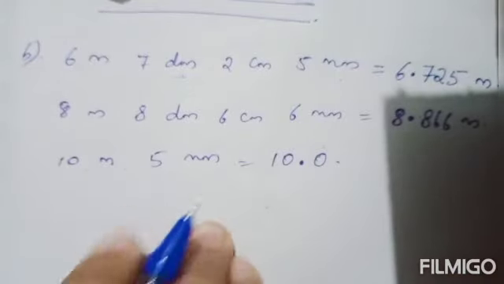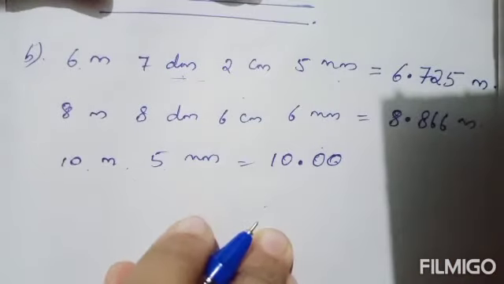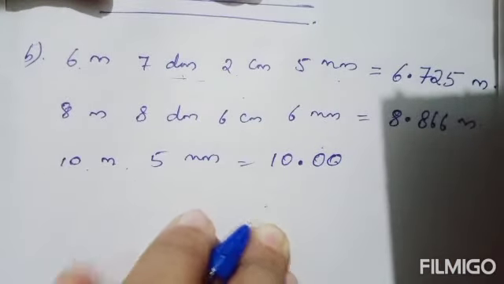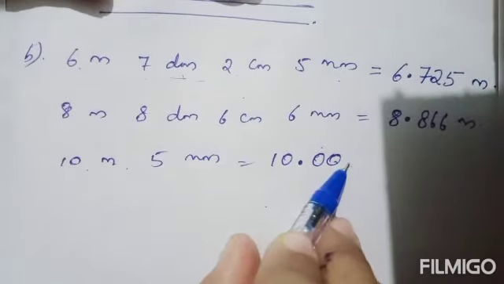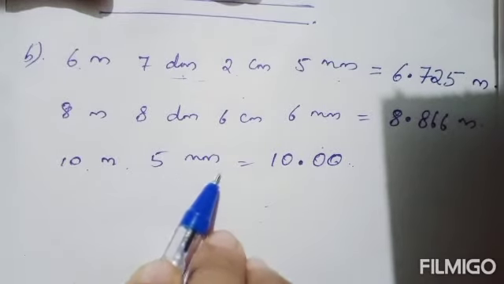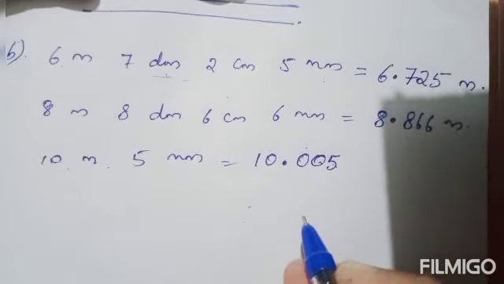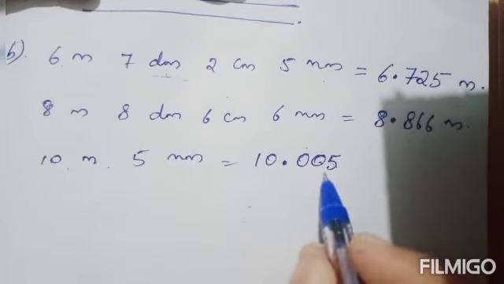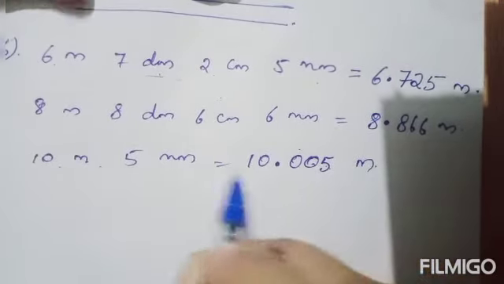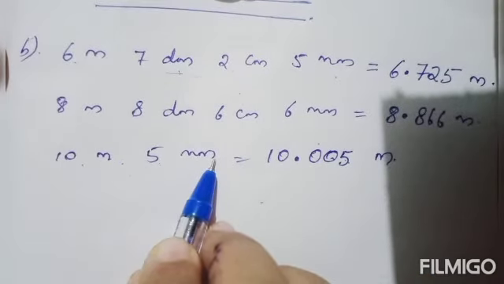Centimeter is also not given in the question, so you can put 0 in the 100th place. Okay. After that, in the 1000th place it is millimeter. 5 millimeter is given in the question, so the 1000th place digit will be 5. 10.005 meter. This will be the decimal notation of 10 meter, 5 millimeter.